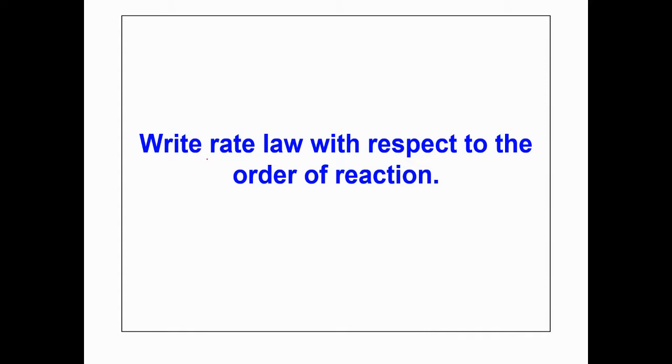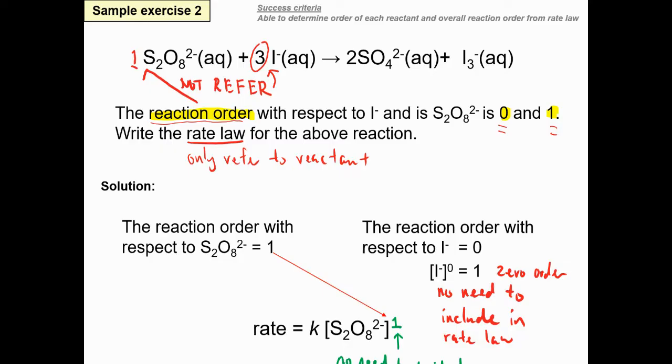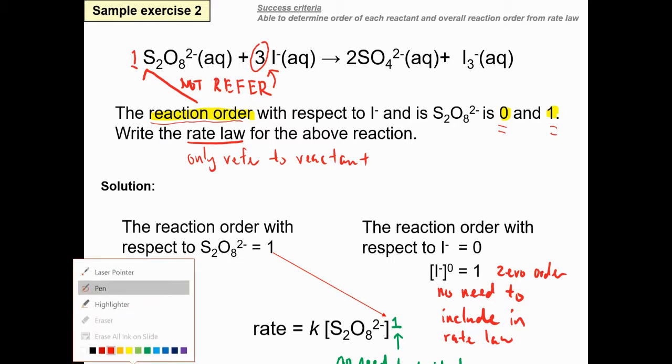Now we learn how to write the rate law with respect to the order of reaction. Okay, so we focus on rate law. Reaction equation is given. Then let's look at the question.